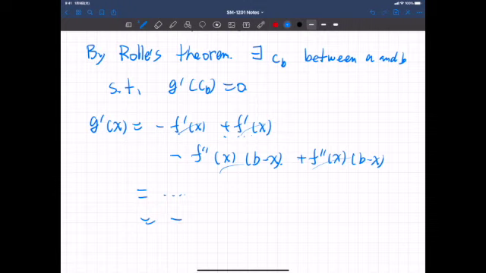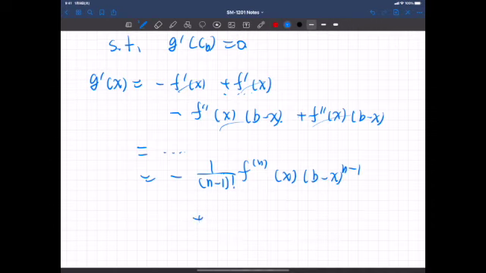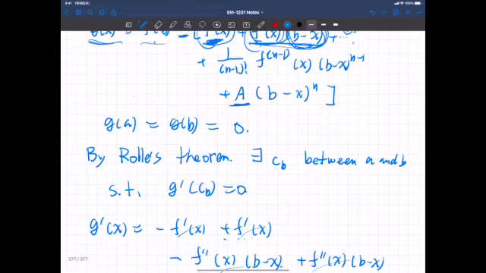From the last few terms, we have the nth order derivative times (b - x)^(n-1) over (n-1)! plus nA (b - x)^(n-1). Okay.